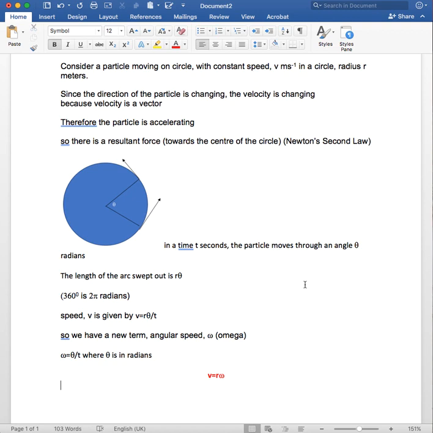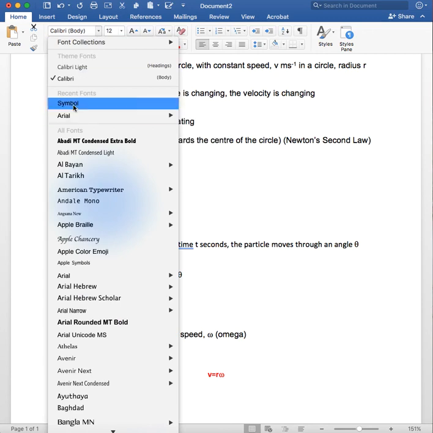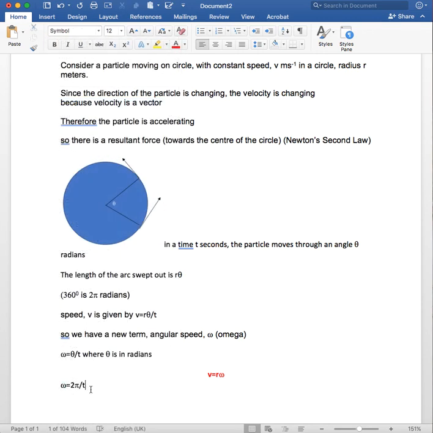And we also have the relationship that omega is 2 pi over T, again, that should be a capital T. That should be fairly obvious, where T equals the period in seconds, and the period is the time it takes to make one complete revolution.